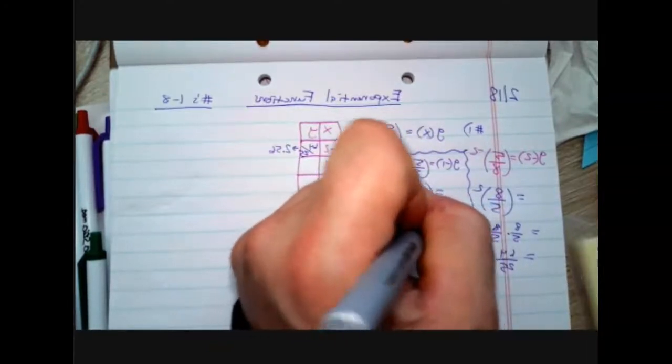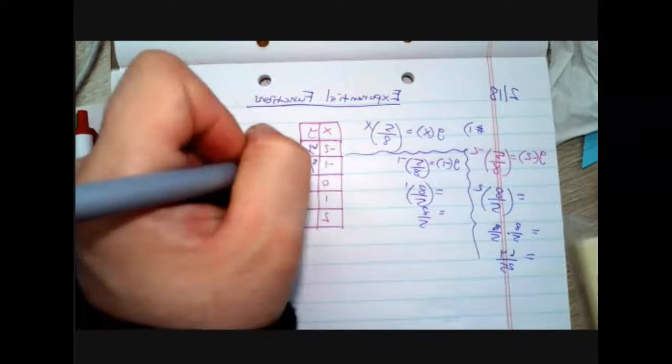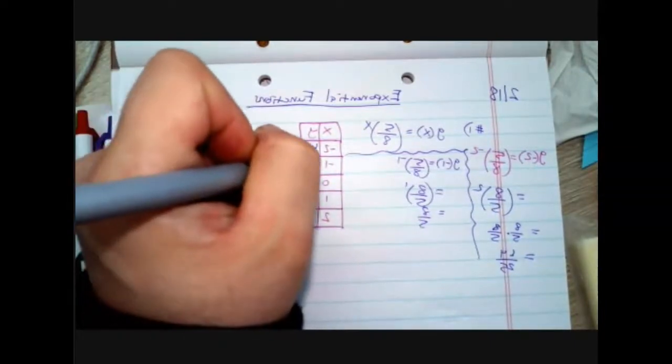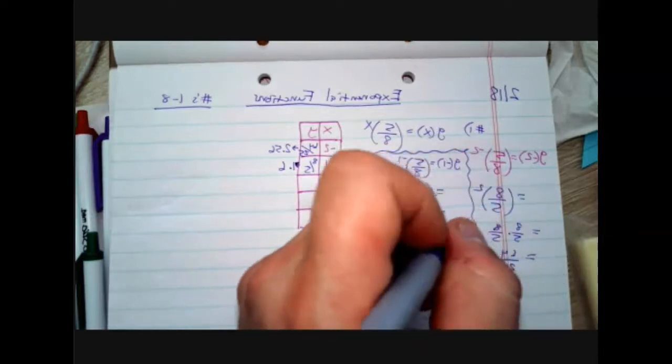Again, you have to flip the fraction to make the exponent positive. 8/5 to the 1st power is 8/5, and 8/5 is exactly 1.6. If you think of it as 1.6, it becomes much more graphable than 8/5.